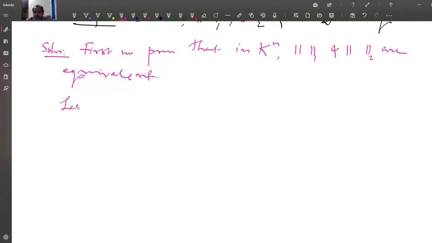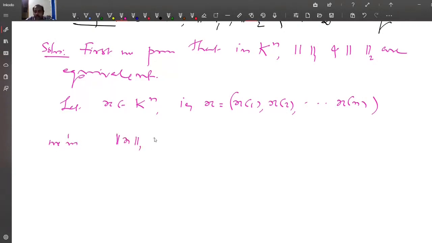So let x belong to Kn, that is x is equal to (x of 1, x of 2, etc., x of n). Then we have one norm of x is modulus of x of 1 plus modulus of x of 2 plus etc. plus modulus of x of n.